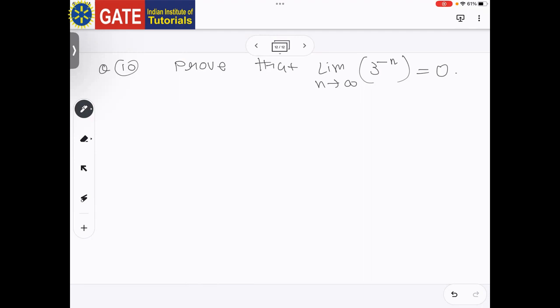In this case, N is equal to the greatest integer of ln 1 by epsilon by ln 3. So you will get n to be greater than ln 1 by epsilon by ln 3. Okay.